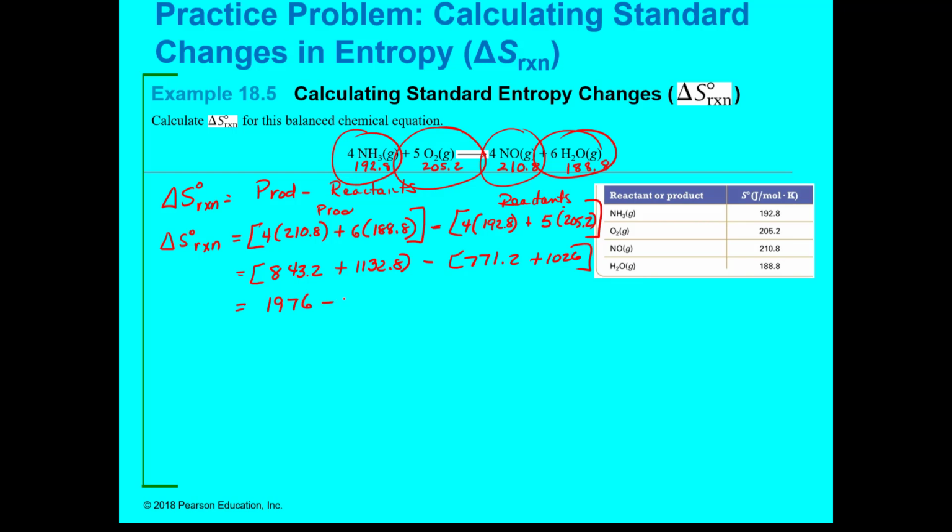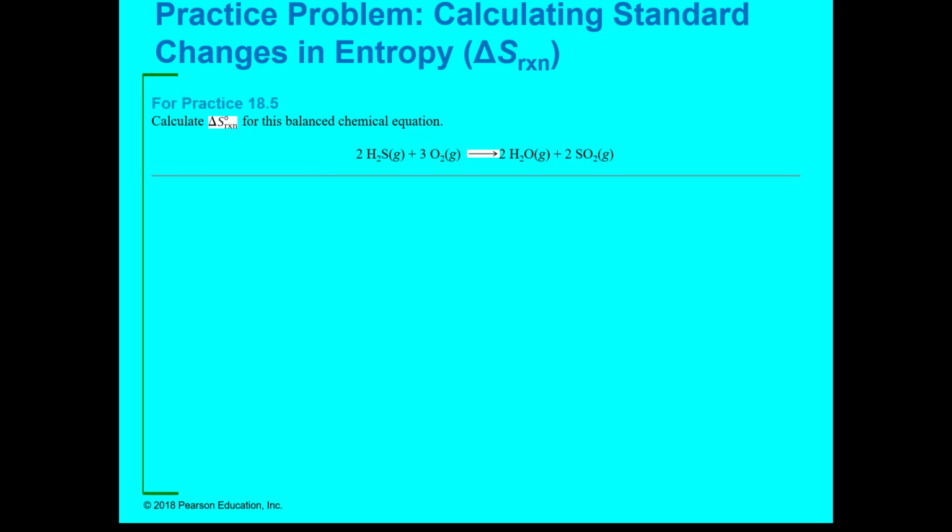You don't want to miss points because of a calculator error. And so what I end up with is a positive 178.8 joules per K for my delta S. All right, so same exact procedure that we did for delta H, you're doing for delta S, because it's the standard entropy change. And there's one to practice. And that's it for part 3.